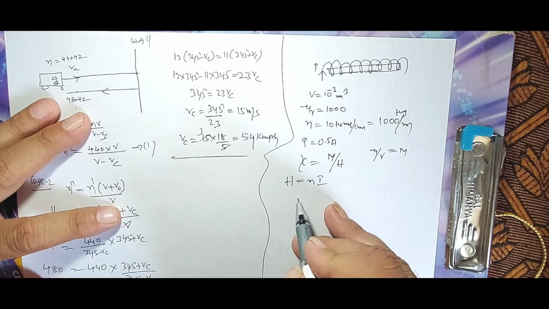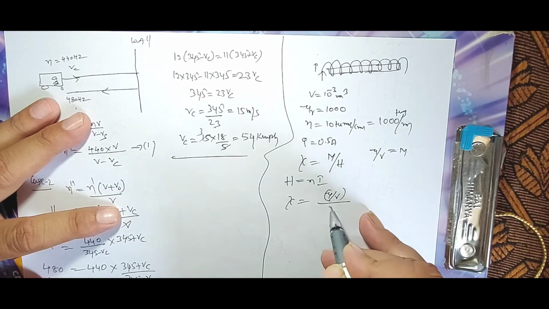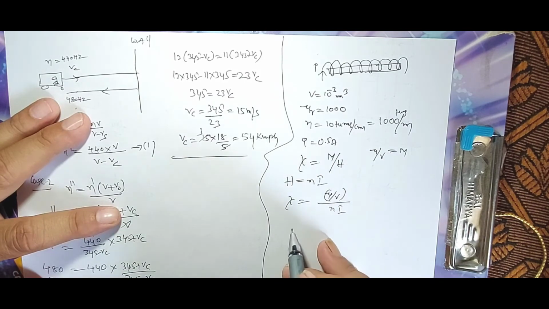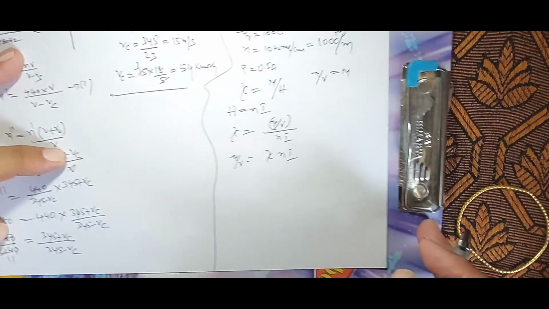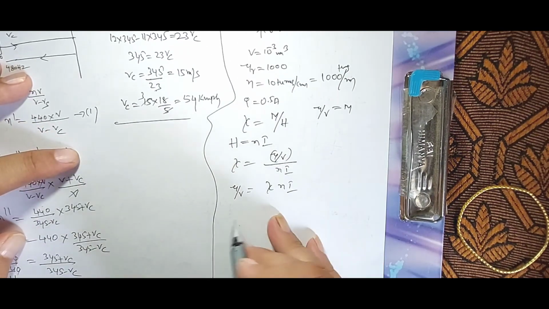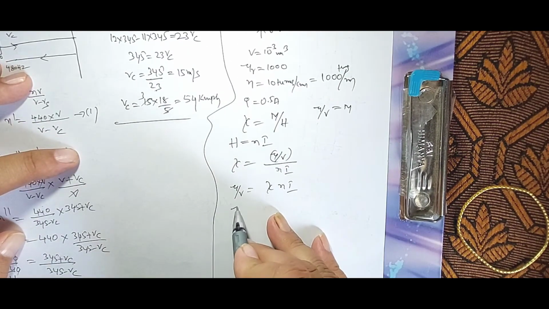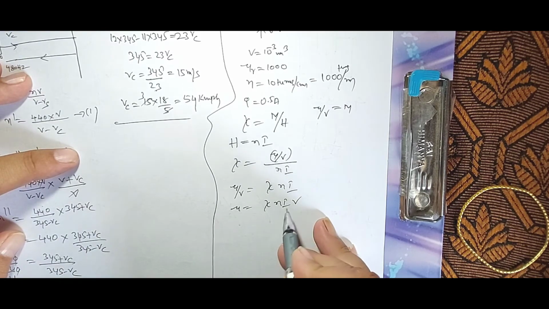So, here Xi is equal to magnetic moment per unit volume divided by NI. So, magnetic moment M by V is equal to Xi into NI. Here magnetic moment is equal to Xi into NIV.